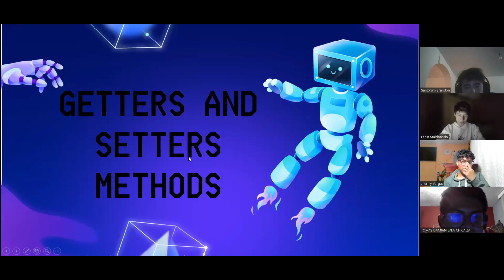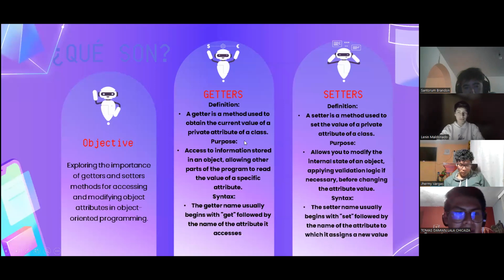Next, we talk about getters and setters methods. Objective: exploring the importance of getters and setters methods for accessing and modifying object attributes in object-oriented programming. Getters. Definition. A getter is a method used to obtain the current value of a private attribute of a class.